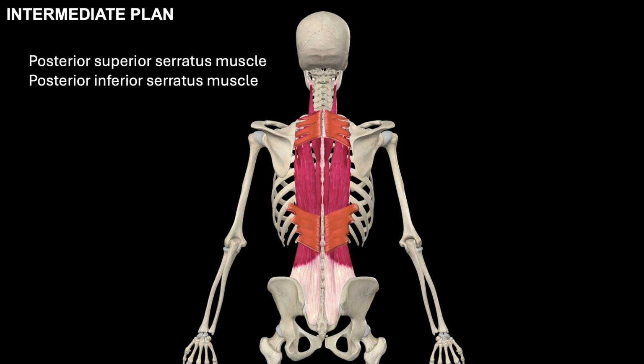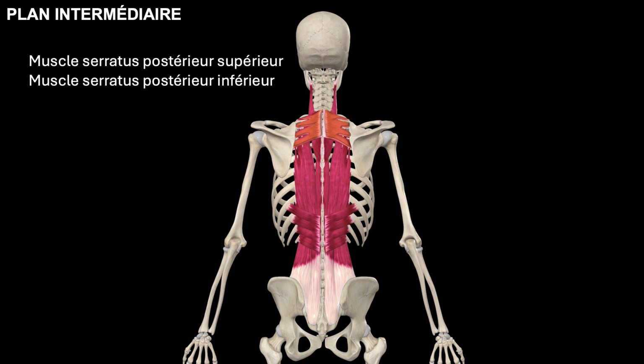The intermediate layer includes 2 muscles, the serratus posterior superior and the serratus posterior inferior. These are quadrangular, very thin muscles and thus barely visible on ultrasound. The serratus posterior superior originates from the spinous processes of C7 to T3, runs downward and laterally, and inserts onto the superior borders of ribs 2 through 5.